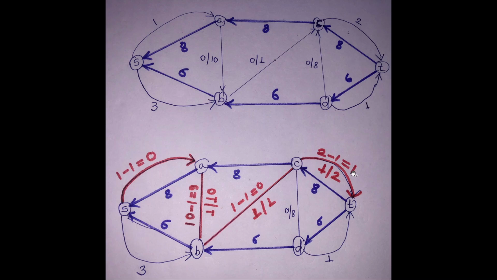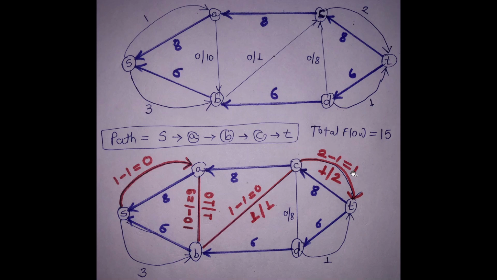Previous one 14 plus 1 becomes 15. Look at here, total flow is 15, and the path is S to A to B, B to C, C to T. And again we have to find the reverse flow for this diagram, that is T to C, C to B, B to A and A to S.